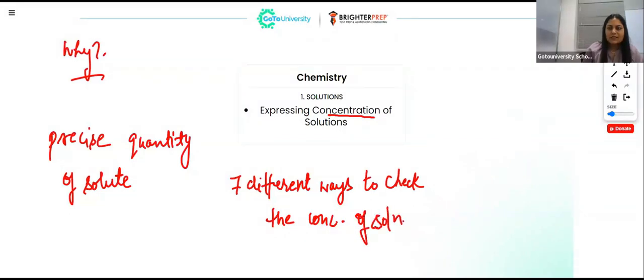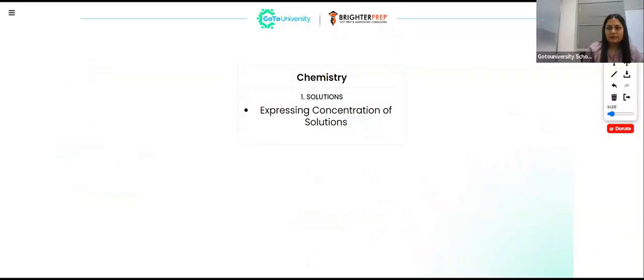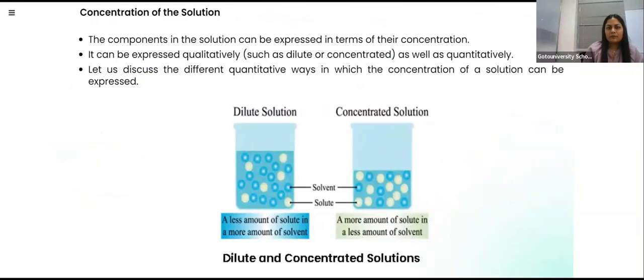So what are these 7 different ways? Here is about the concentration of solution. As I have told you, there are 2 types of solution, that is dilute solution and concentrated solution.